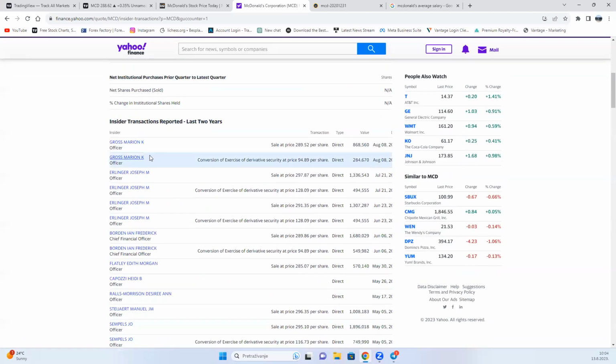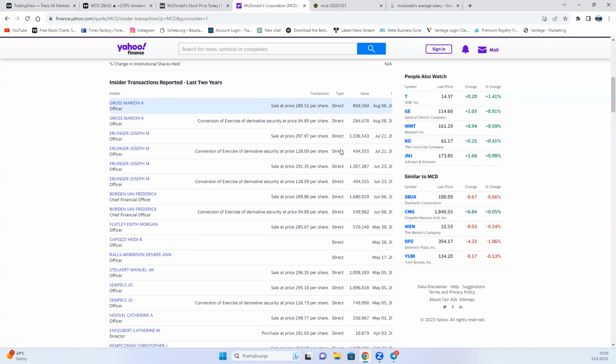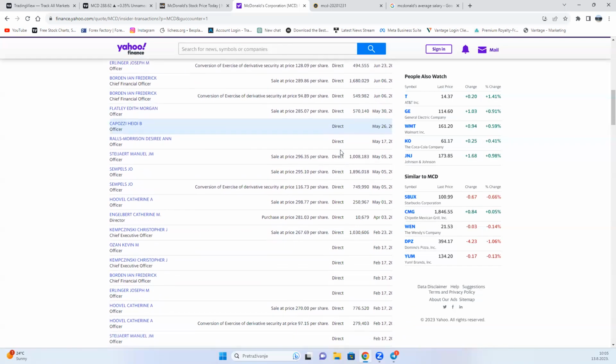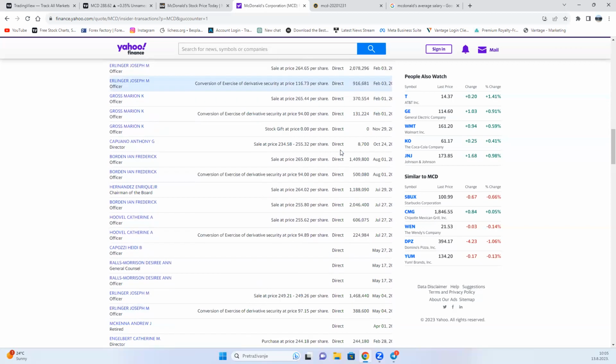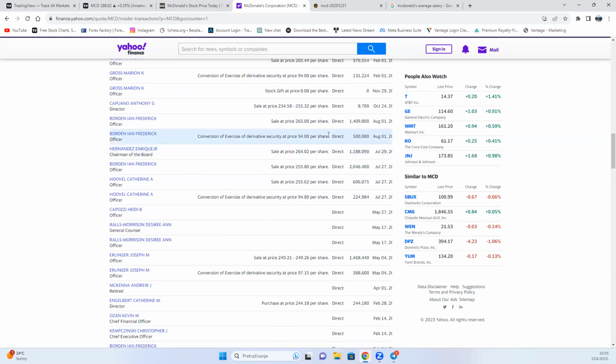I told you, this is what they get, they get awarded the stocks. So when it says only direct, this means they got it, but when it says sale, that means they already sold it. I don't know what direct means exactly, but there is conversion and sale. Because there are certain types of shares, there are preferred shares, and there are some shares with some kind of options.